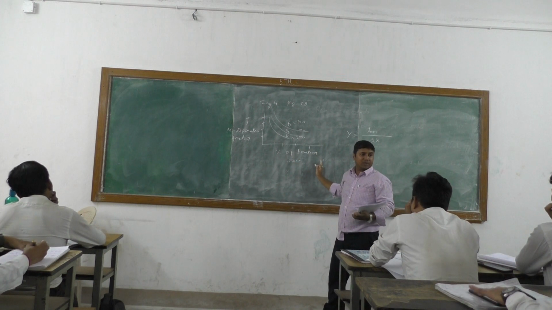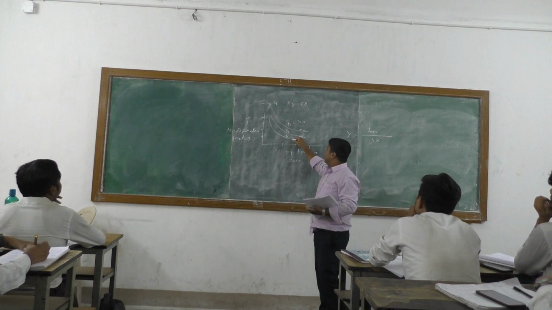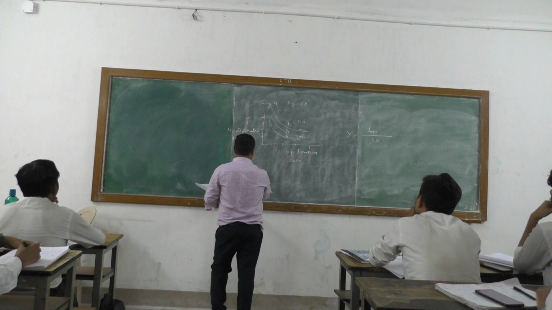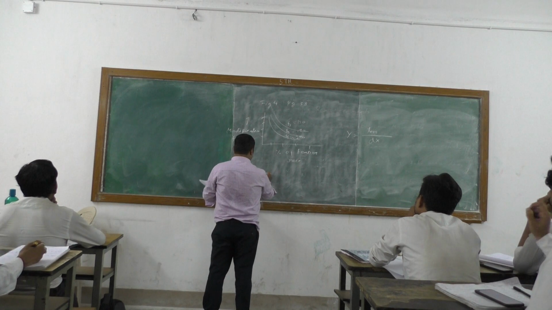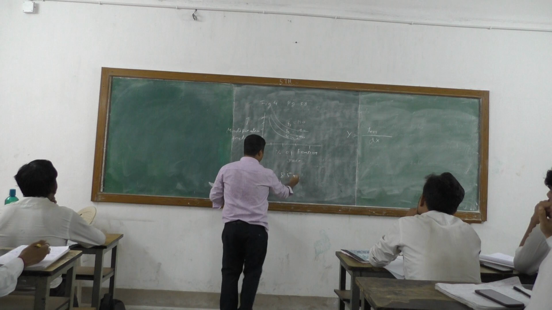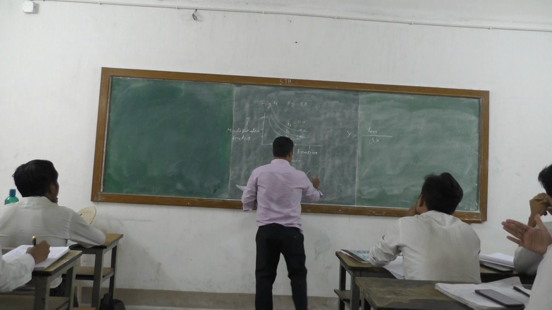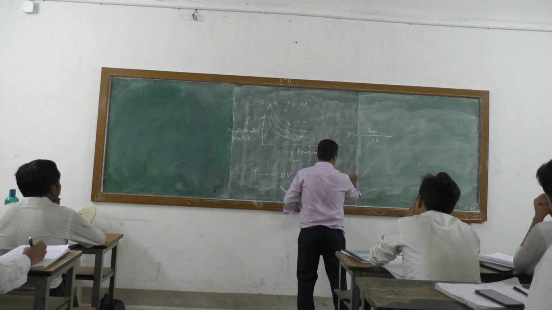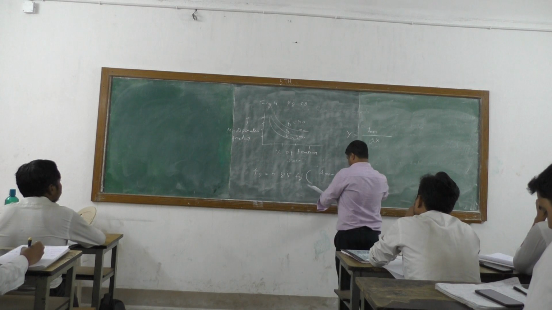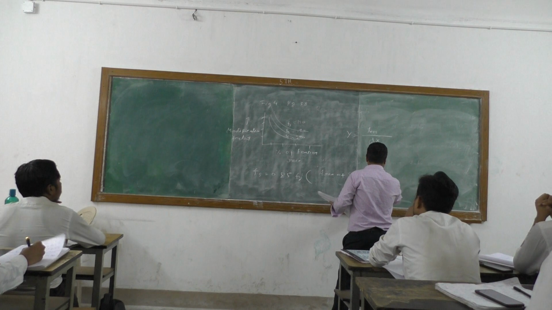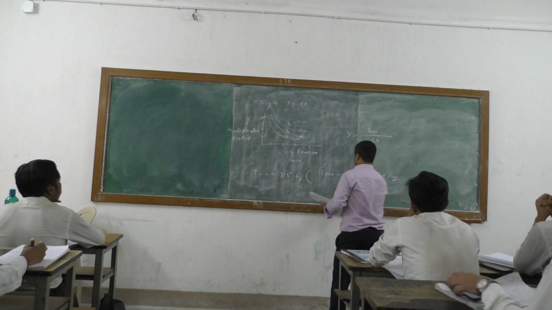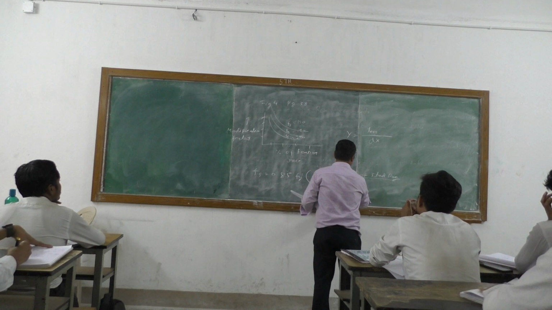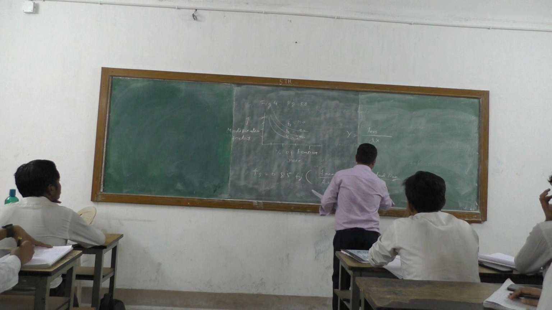Reinforcement. Okay, so there is a formula given here to find the value of Fs: it is 0.85 into Fy into the area of cross section of steel required by the area of cross section of steel provided.